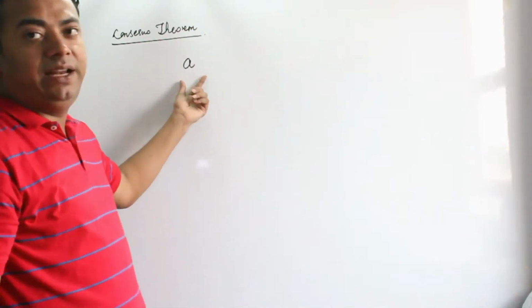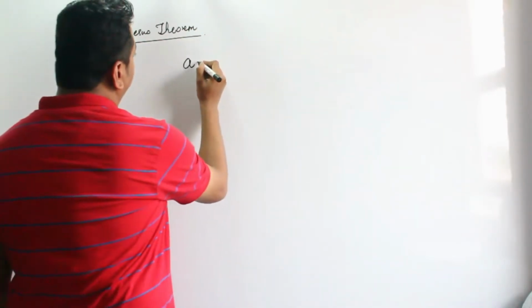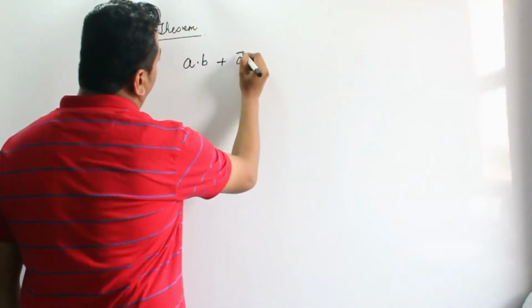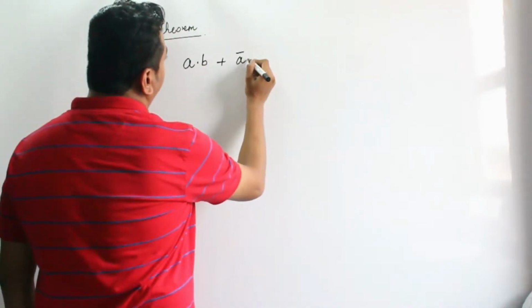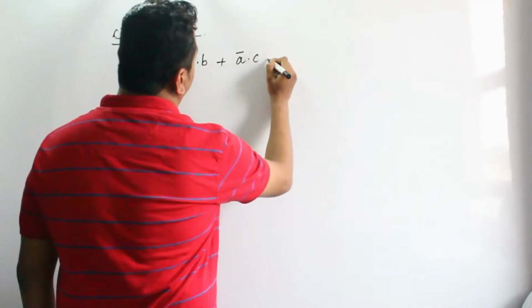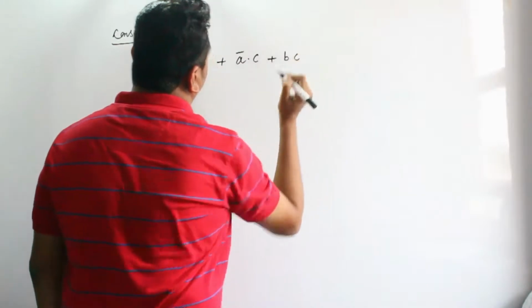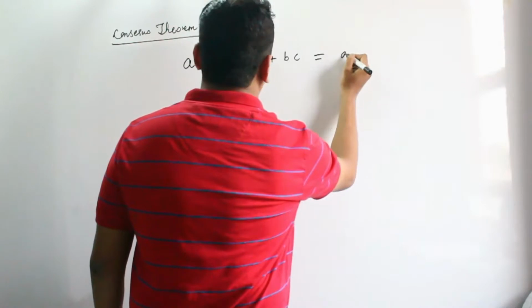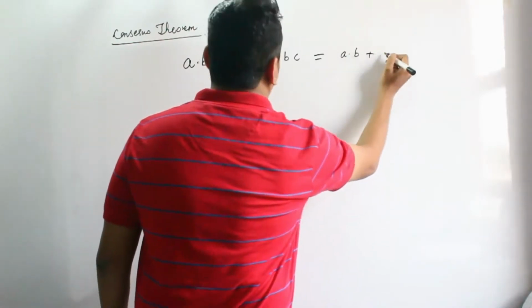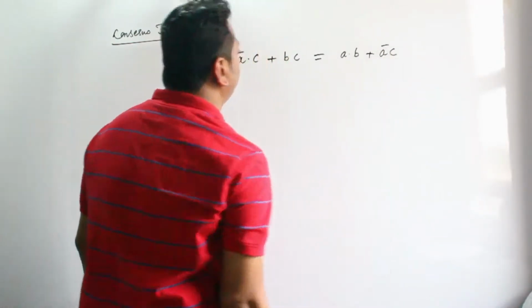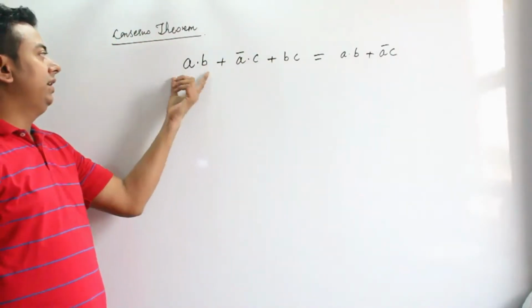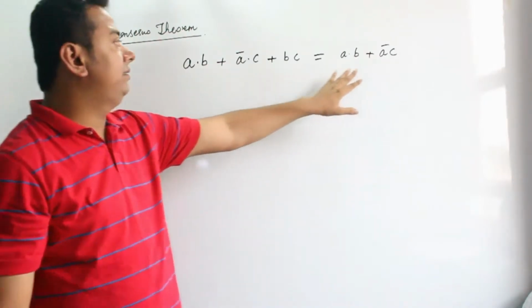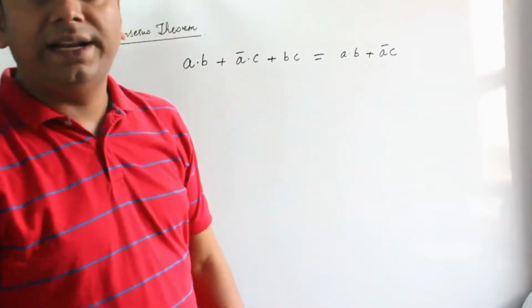if you have a variable A and with B, or... So in the consensus theorem, if this expression is given, the simplified one is this one, right?